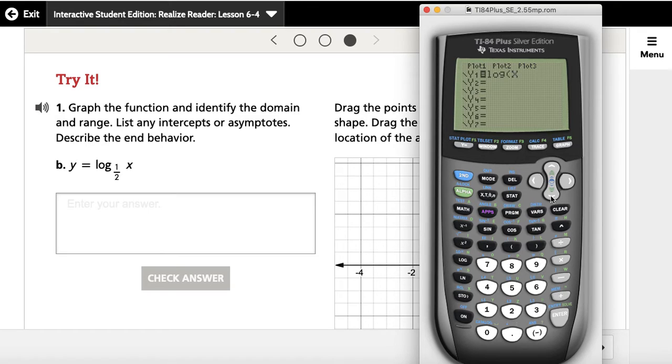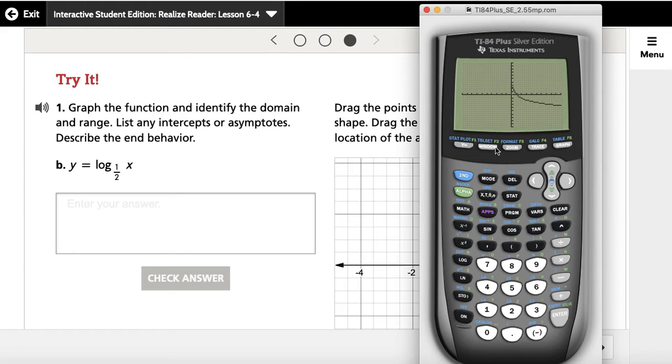I'm going to type in log of x, and then that whole quantity is divided by log of a half. That's another way of writing this. This could be log of x over log of a half. I don't know if that's come up in this math course or not. That might be because I'm studying for the math meet, and that's a category in the math meet. Graph it.